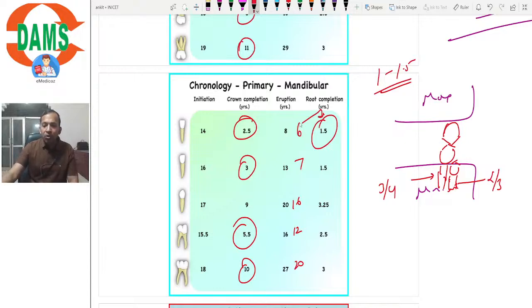So if you add 1 to 6, you will get 1.5 years, right? So it still is valid. That old eruption sequence 6, 7, 16, 12, 20 mandible की is still valid to calculate the root completion dates, right?